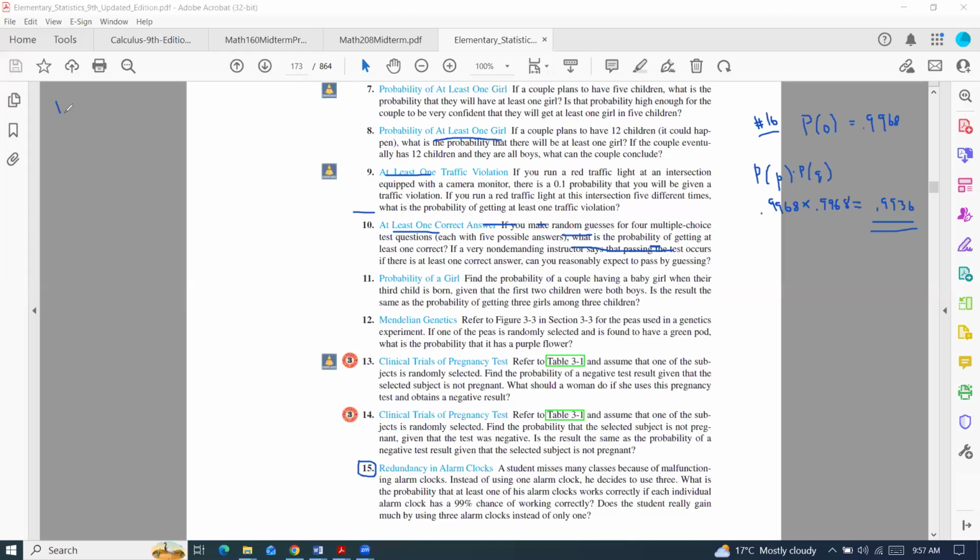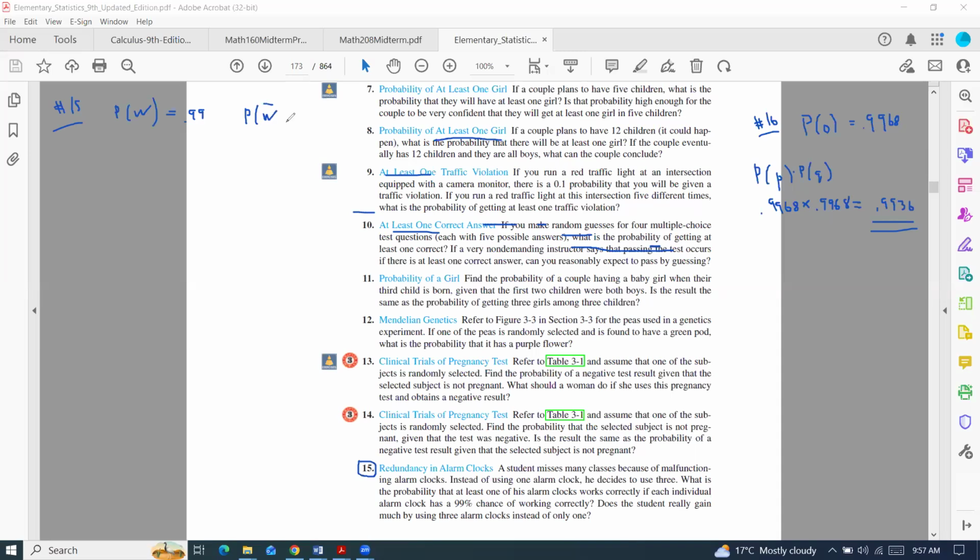So it looks like the student uses an alarm clock that has a 99% probability to work. 99% the chance that the student wakes up and takes the test, but 1% it's not going to happen.